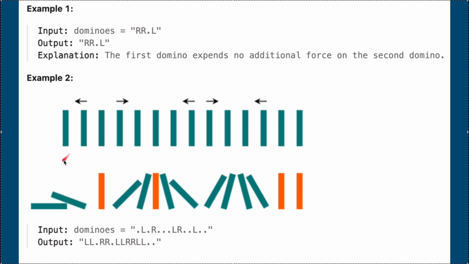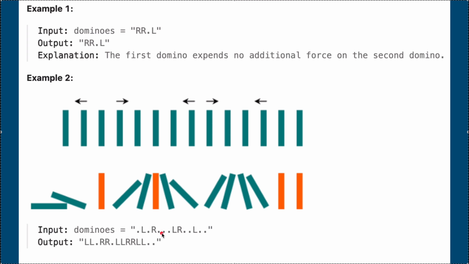So if we see the inputs, right, we are seeing that there is one dot, one L, and then dot R, and then these dots. But here the output is coming LL, means we are very near to the left side, then it is coming 2R.